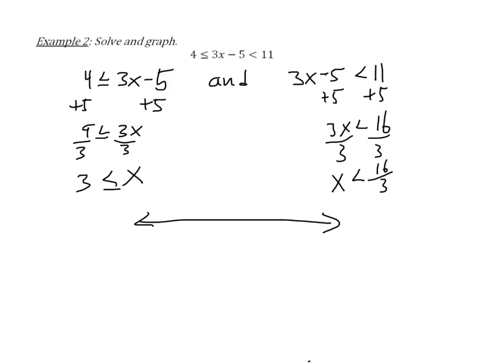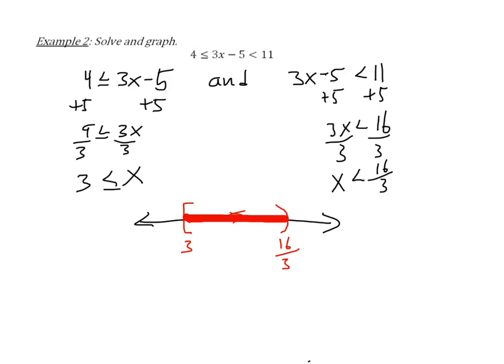And we can graph it. We know that it includes 3 and all the numbers to the right. And the boundary on the right side is 16/3, which is 5 1/3. And all the numbers to the left. And these two sets overlap in the middle. So we'll shade it in between here. So there's our graph.